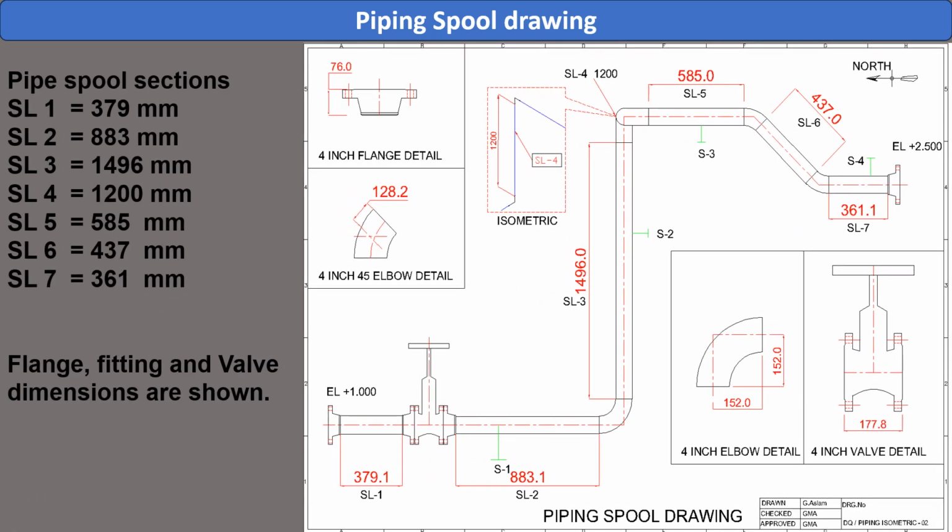Pipe spool sections: spool 1 is 379 mm, spool 2 is 883 mm, spool 3 is 1496 mm, spool 4 is 1200 mm, spool 5 is 585 mm, spool 6 is 437 mm, spool 7 is 361 mm. Further flange, fitting and valve dimensions are shown.